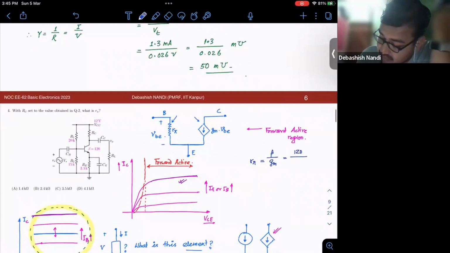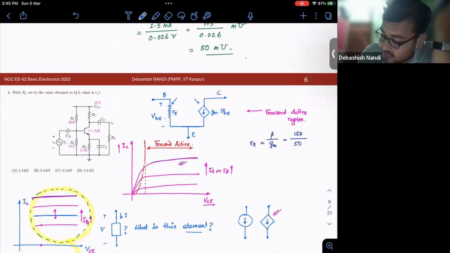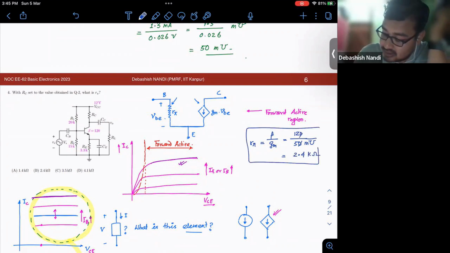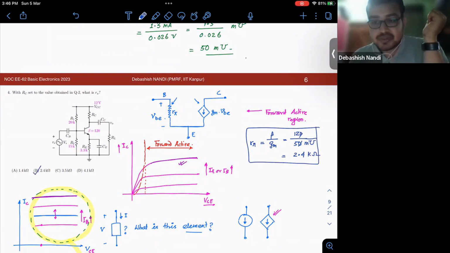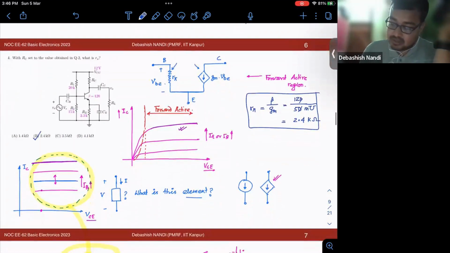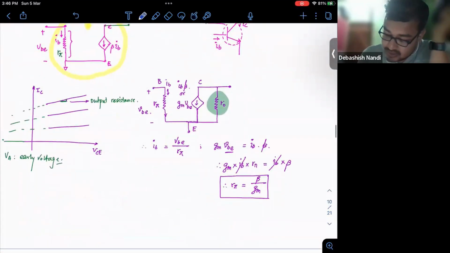GM you have found out to be 50 millisiemens. So this would be nothing but 2.4 kilo ohm, right? So B would be your right option. Okay. So let's move on to the next problem.